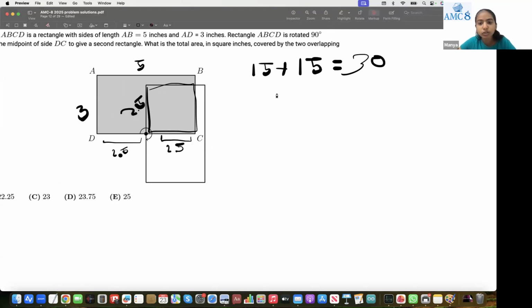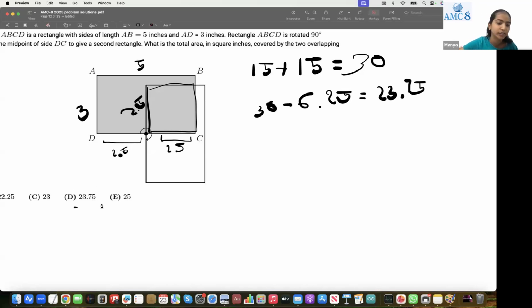And we would just do 30 minus 2.5 squared, which is equal to 30 minus 6.25, because 2.5 times 2.5 is equal to 6.25. And 30 minus 6.25 is equal to 23.75. And that would be our final answer choice, D.